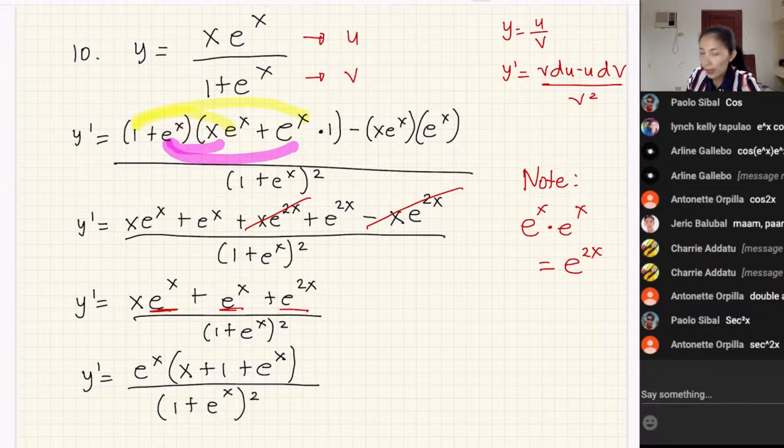You don't have to expand the denominator. But if you ended up with this, it's alright. This is already correct. Are there questions at this point?